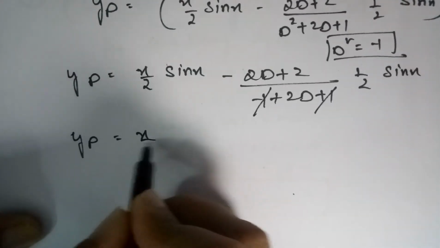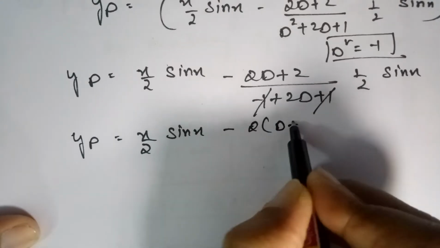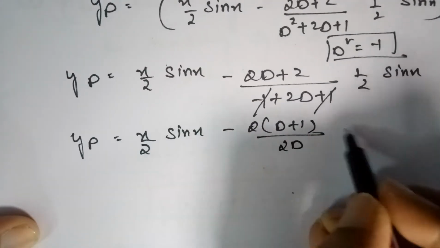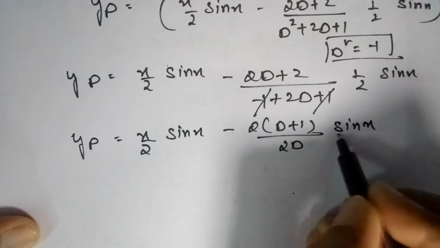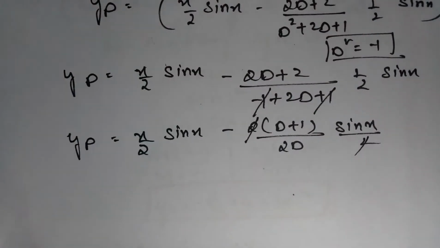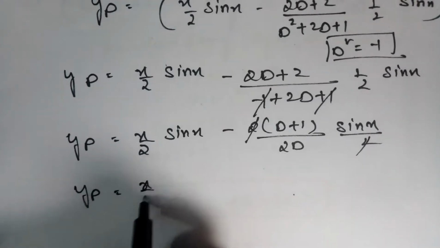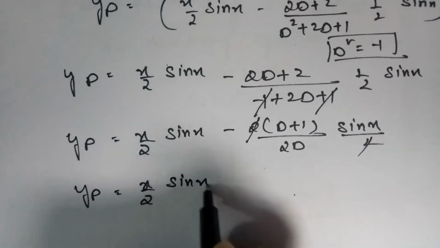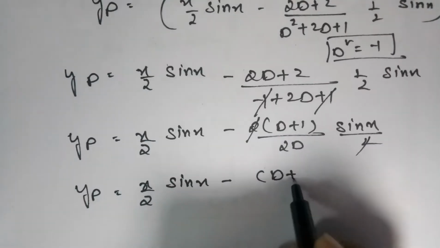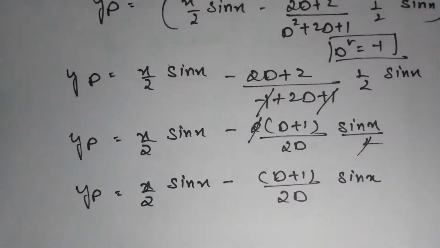So yp is equal to x by 2 sin x minus 2, if I take common, it is d plus 1 by 2d into sin x by 2. 2 got cancelled. So yp is equal to x by 2 sin x minus d plus 1 by 2d into sin x.